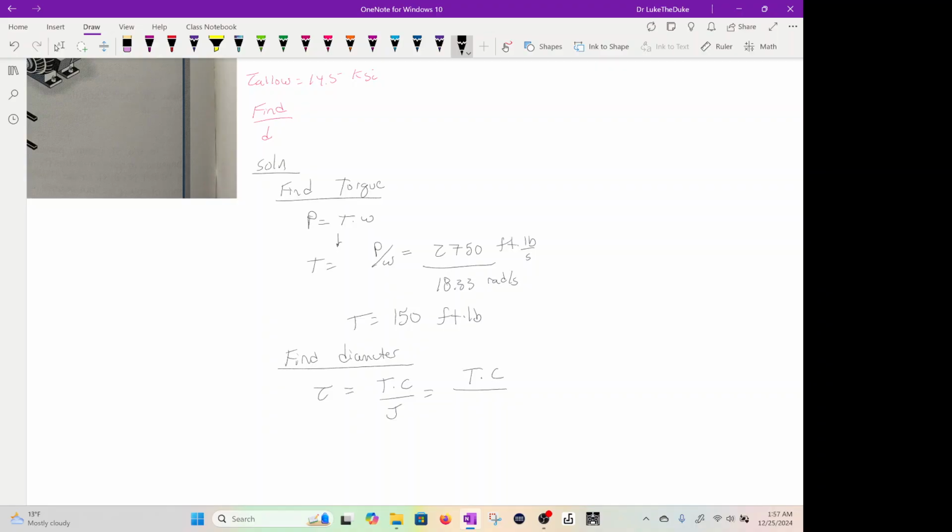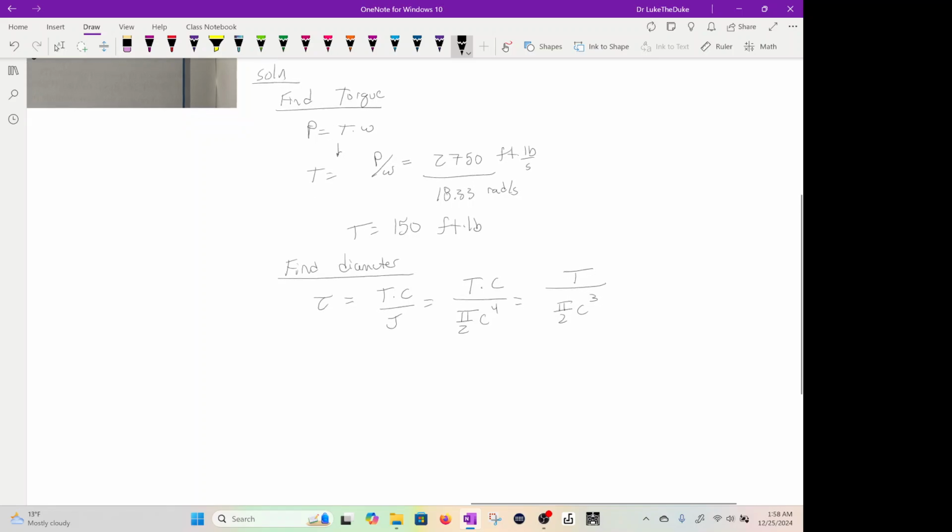So for a solid shaft, J is what? Pi over 2 c to the 4th, correct? So this is torque over pi over 2 c to the 3rd. We can solve for that c.